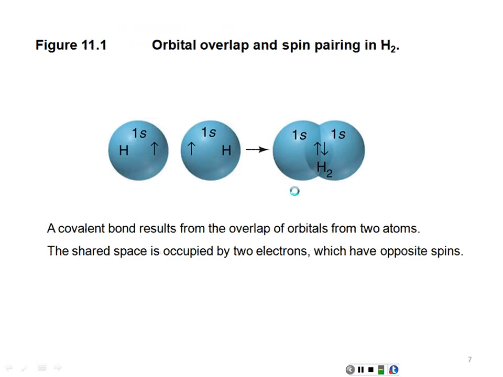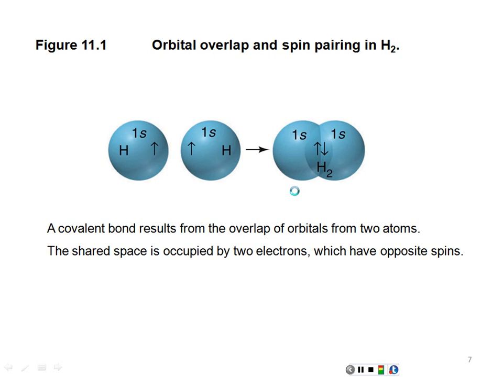So let's see an example. The simplest molecule we can come up with would be H2. And on the left we see the atomic orbitals for both hydrogen atoms. They're 1s orbitals. Each has 1 electron.